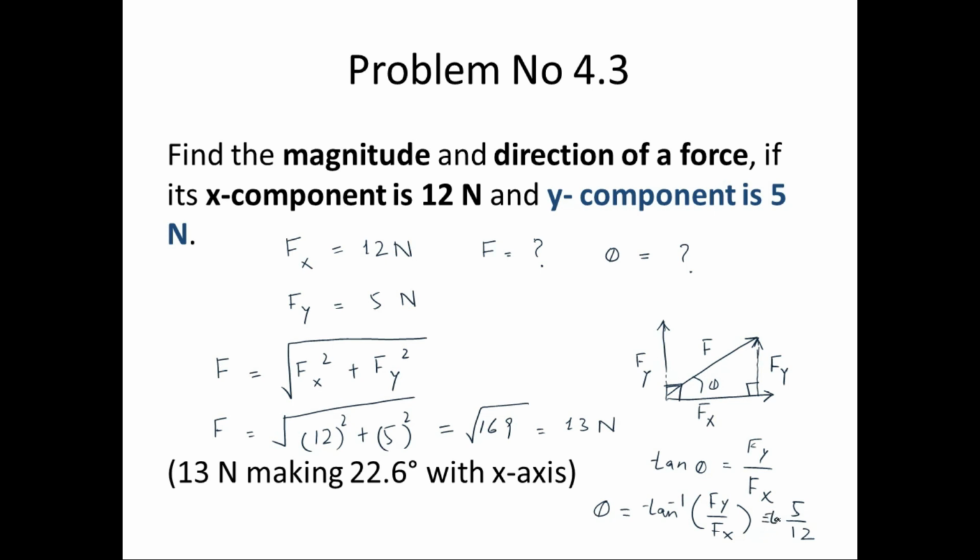Taking the tangent inverse of this ratio, we will get 22.6 degrees. So in 4.3, if the perpendicular components f of x and f of y are provided, you can calculate the magnitude of the resultant force by using the Pythagoras theorem, and you can also calculate the direction of the resultant force by using the trigonometric relation tangent inverse f of y divided by f of x.